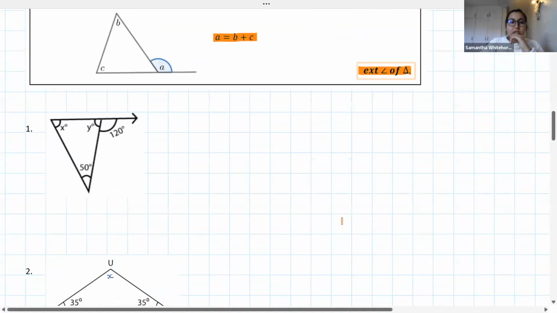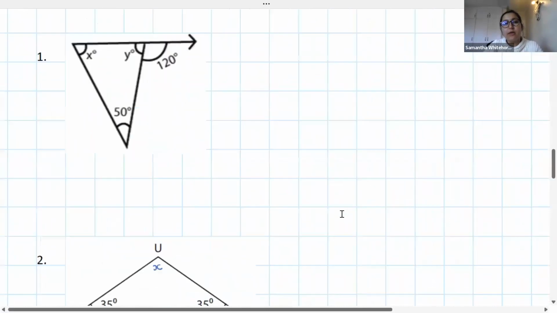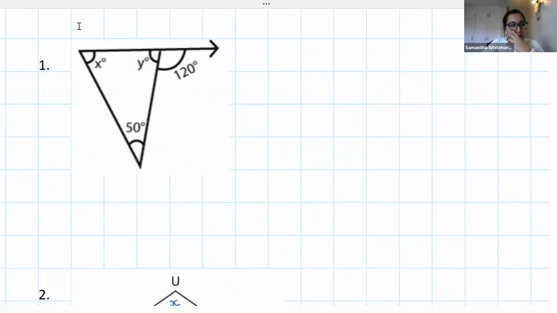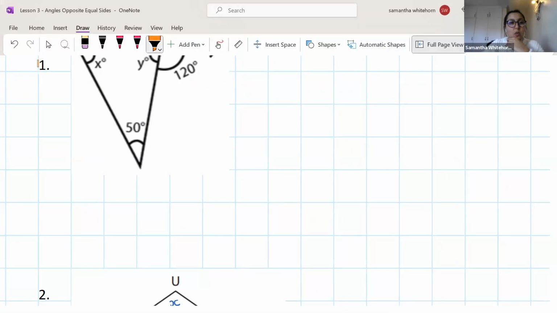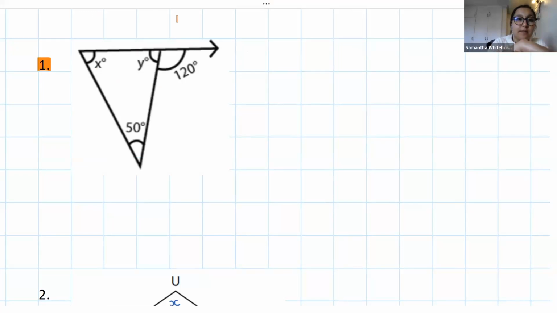Okay, so let's just recap what we hopefully already know. What I'm going to ask you guys to try for me is question 1 over here. By yourselves, because it's reasons that we have done, I want you to find the values of X and Y in this diagram.